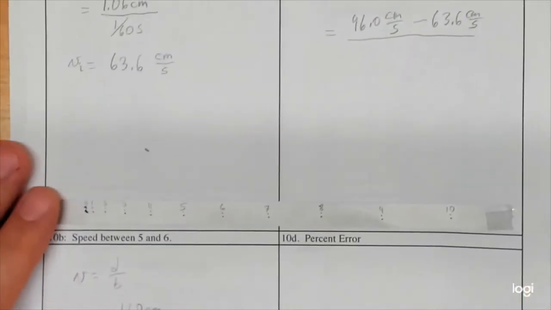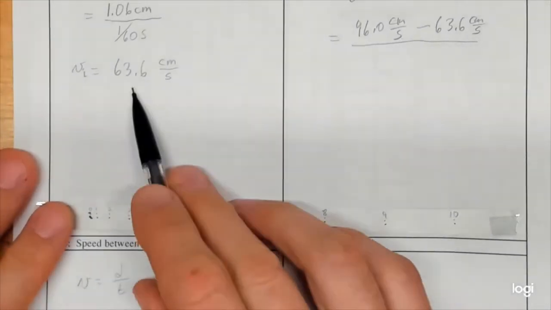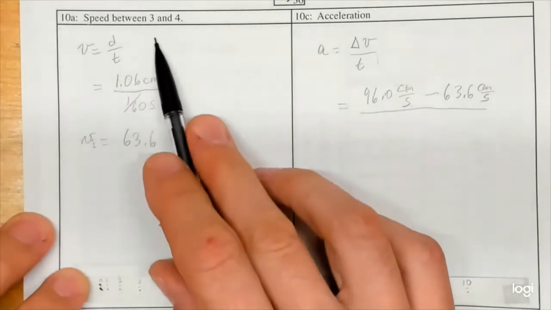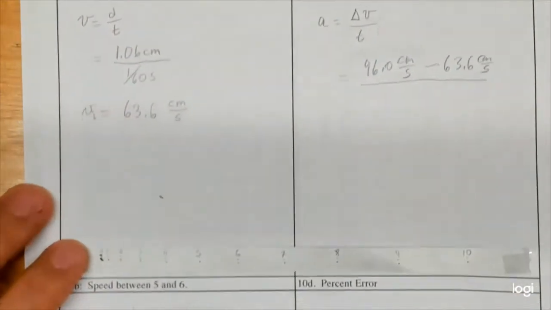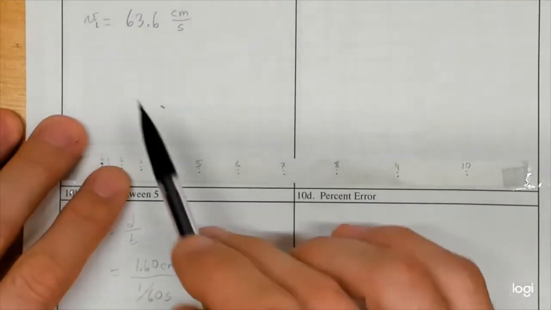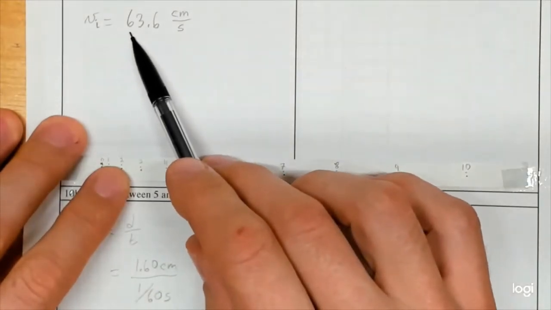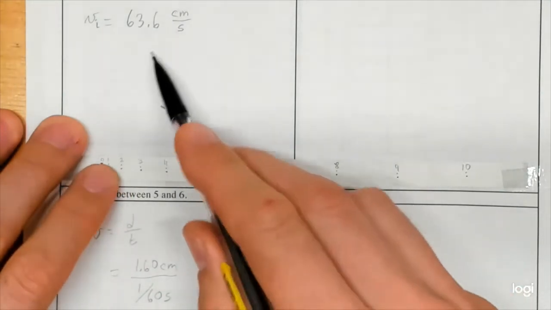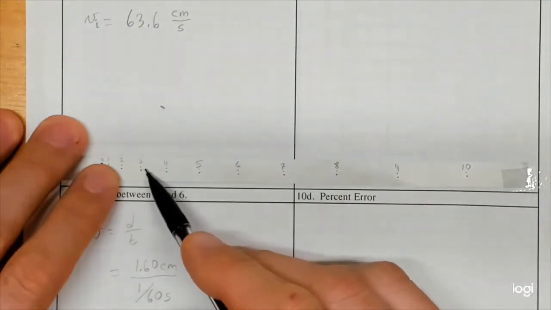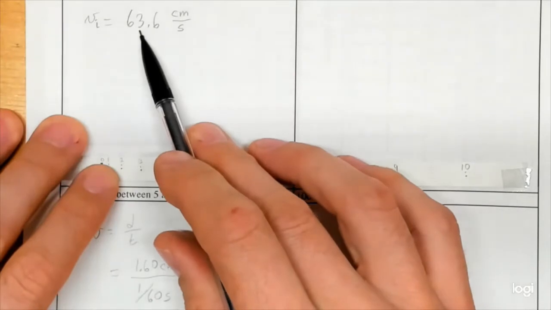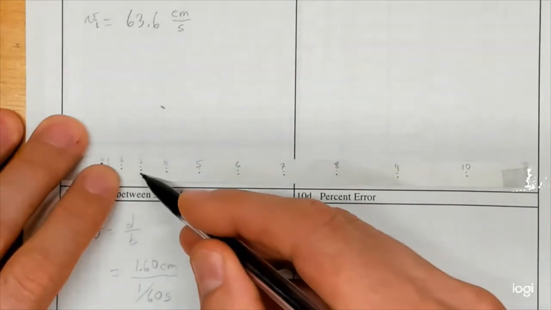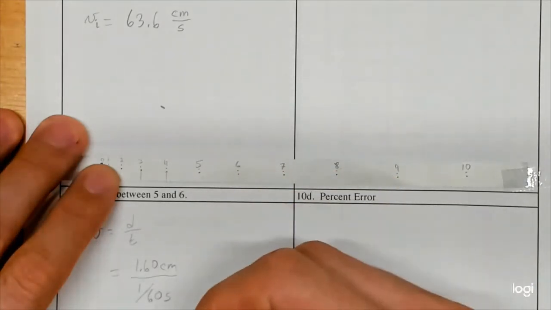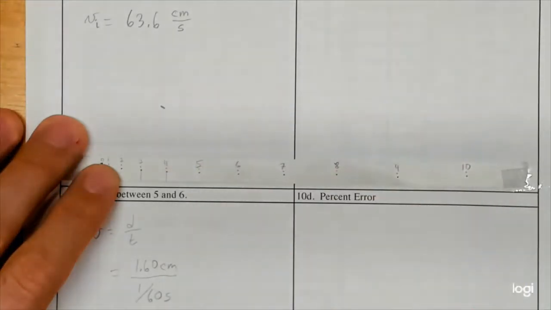Why not? Okay, well, this 63.6 is the average speed between dots 3 and dots 4. So if I go here, and I ask you, when is the speed 63.6? If this is accelerating, and this is the average between these 2 points, do you suppose that 63.6 happens right at the start of the interval, right at the end, or somewhere in the middle?